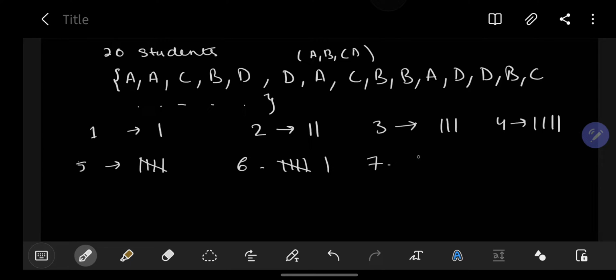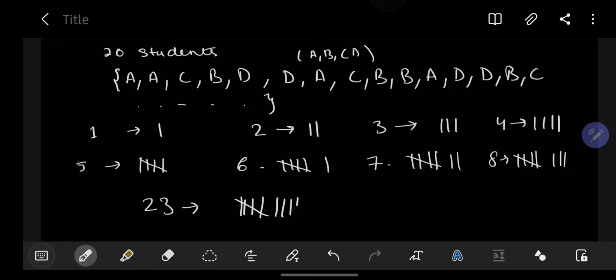For 7, it would be a bundle of 5 with 2 lines. 8 would be 1 bundle with 3 lines. For 10 it would be 2 bundles. For 15 it would be 3 bundles. Let me give you another example. For 23 it would be four 5-bundles and 3 simple lines.